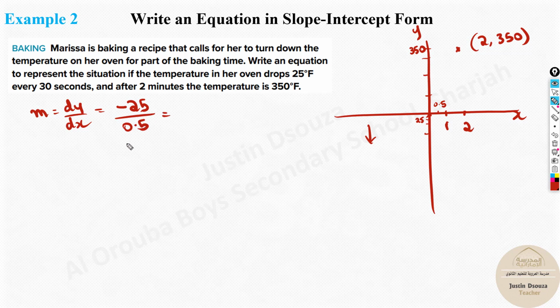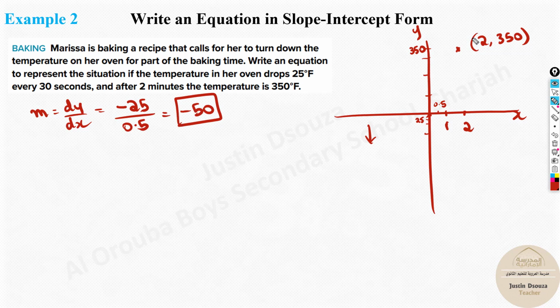It's basically half, so multiply by 2 and you will get minus 50. So the slope is minus 50. This is a very important thing to find the slope. All you do is take dy, the y value, 25 degrees, divided by 30 seconds, which is half a minute, taking the standard values of minutes and degrees Fahrenheit. But since it drops, it's minus.